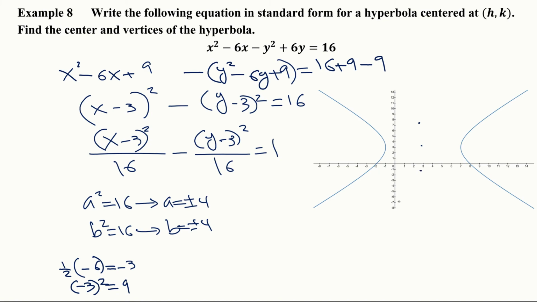And then you go right 4 from the center again, so to 7, 3, and left 4 to negative 1. You make your rectangle. Of course, remember, you didn't have to graph this one, but I just want you to know it's not a big deal. My 7 is a little bit off. It's actually here. All right, so you graph that.